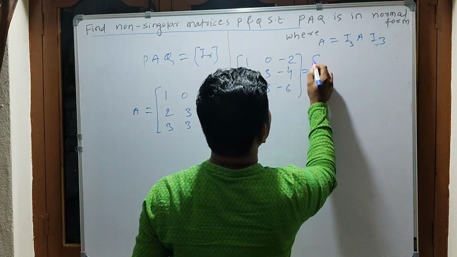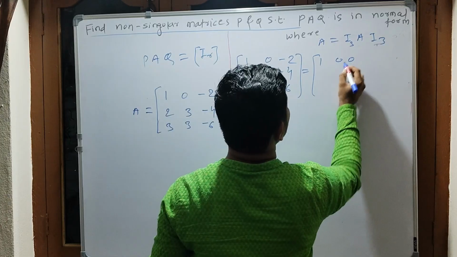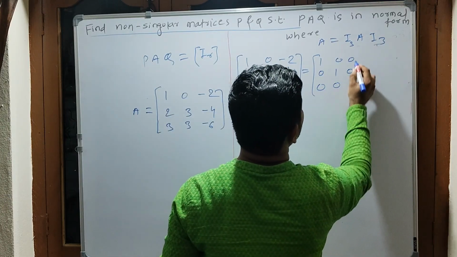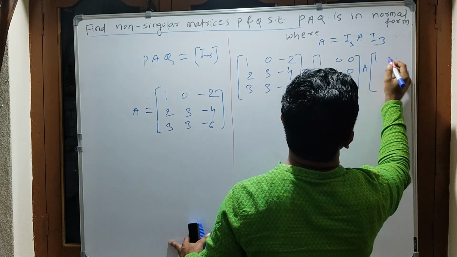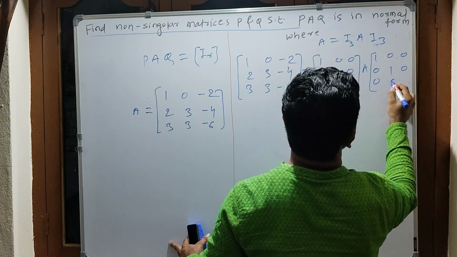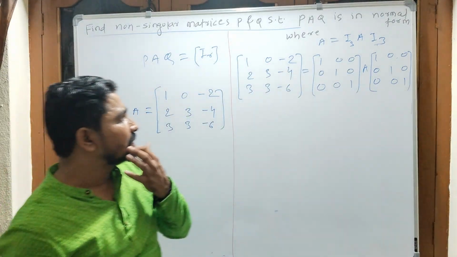Now take the identity matrix of order 3 cross 3: 1, 0, 0, 0, 1, 0, 0, 0, 1. Now A as it is. Now here is also the identity matrix 1, 0, 0, 0, 1, 0, 0, 0, 1.